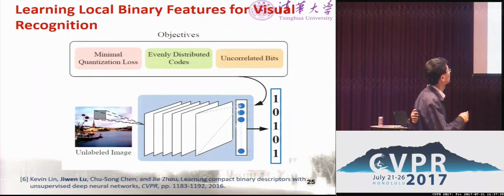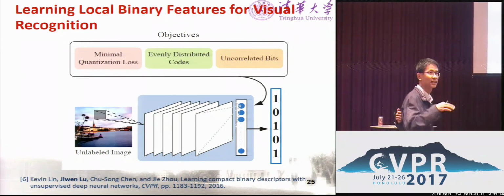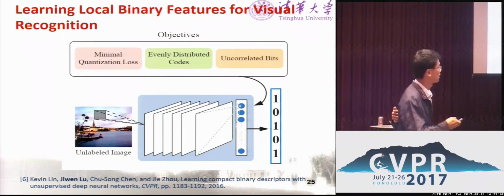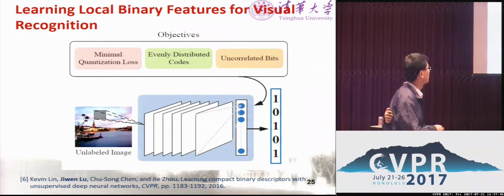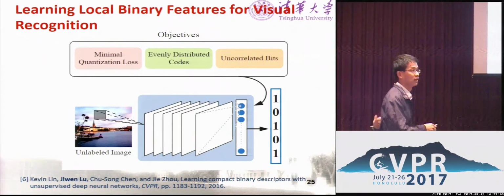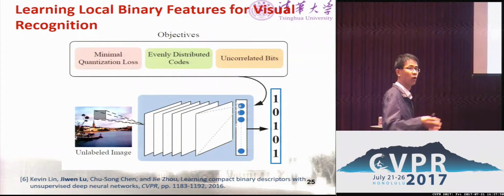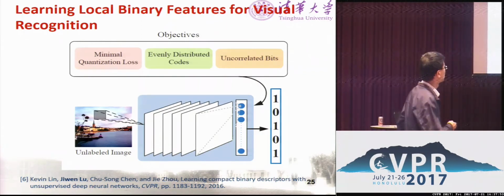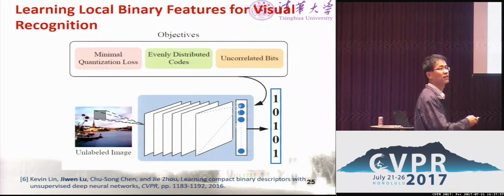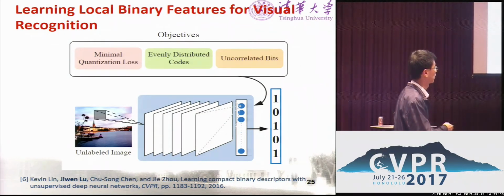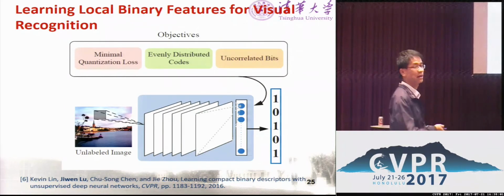We can find this learning criteria is almost the same as our CBFD criteria. CBFD criteria has 3 terms, and we also use these 3 terms here. And for the other part, the input is not a holistic whole image. We just use a local patch. This local patch is fed into the network. Based on this unsupervised learning criteria, we can backpropagate the network and then get the parameters of the network.